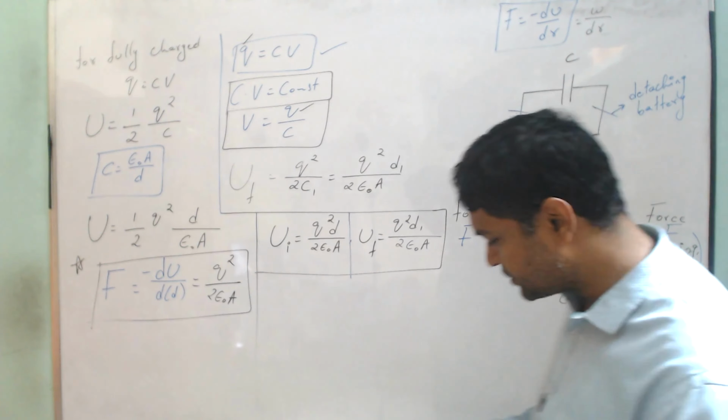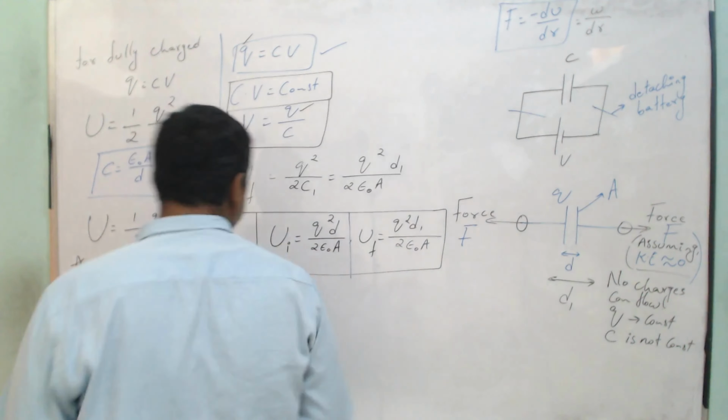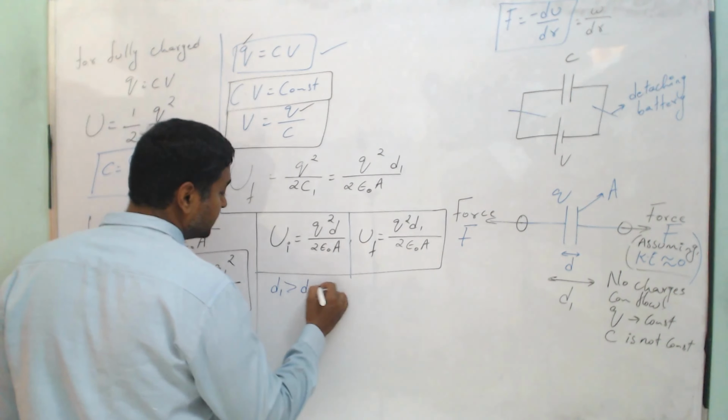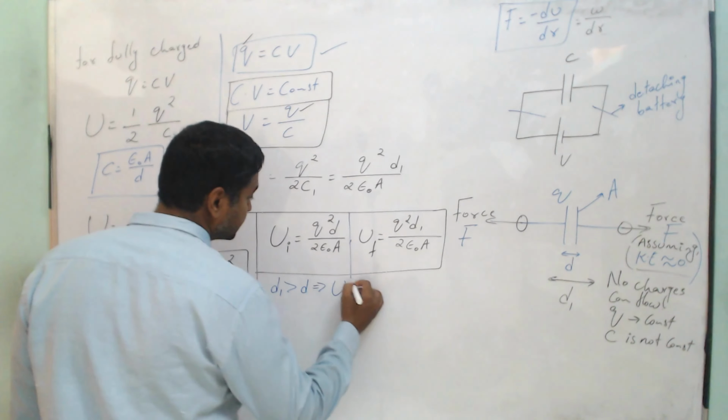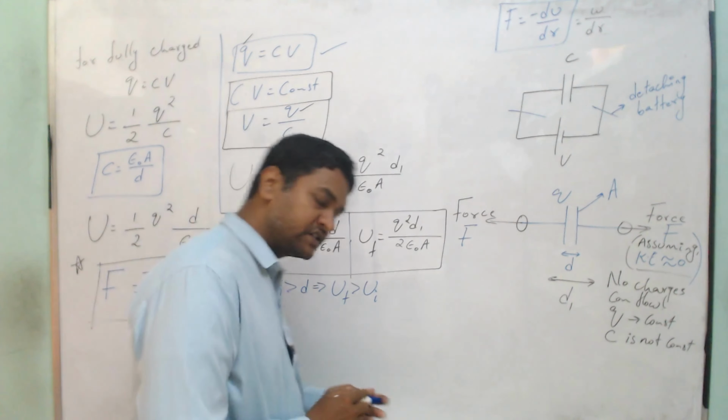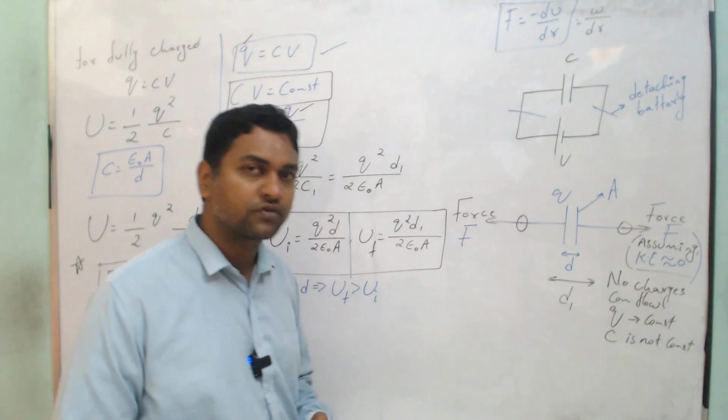My final potential energy is greater than initial potential energy. Because my D1 is greater than D, it implies my final potential energy is greater than initial potential energy. So is the energy added to the system or is the energy taken out of the system?